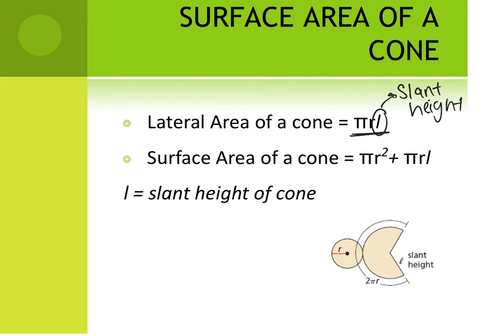And your surface area of a cone is pi r squared, so that's the area of the base, plus your lateral area, okay? So I want you to label this as the area of your base. So the entire surface area of the cone is the area of the base plus the lateral area of the cone. And this one is your lateral area.